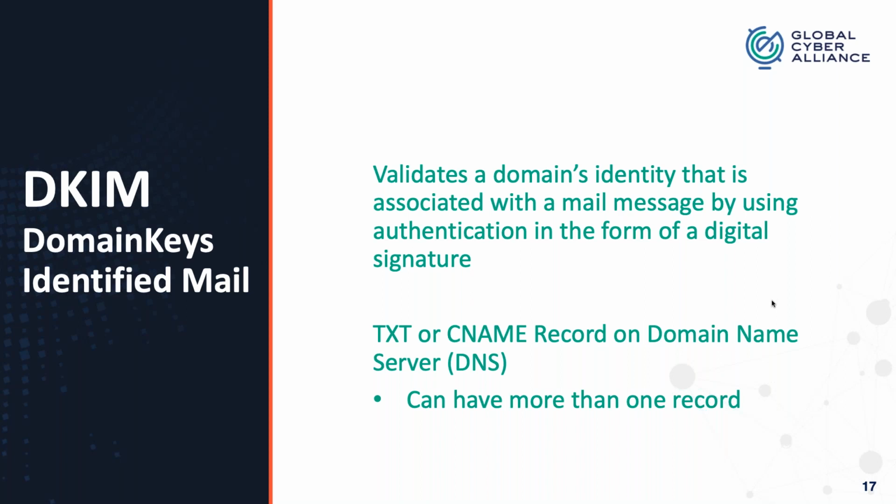Now, you can have more than one DKIM record. You're not restricted to one, right? Because if you have multiple vendors, you're most likely going to have a DKIM record for each one of those vendors. That is allowed.